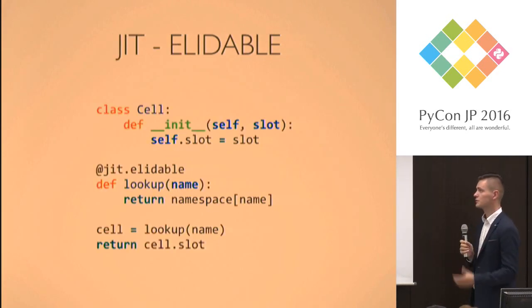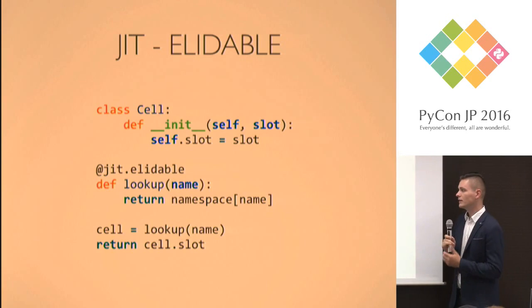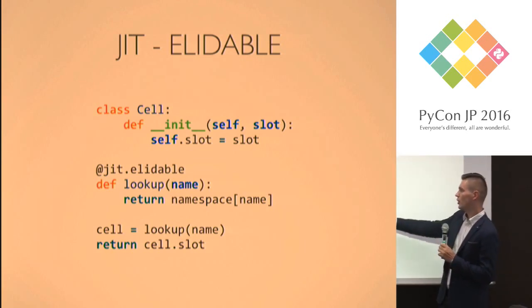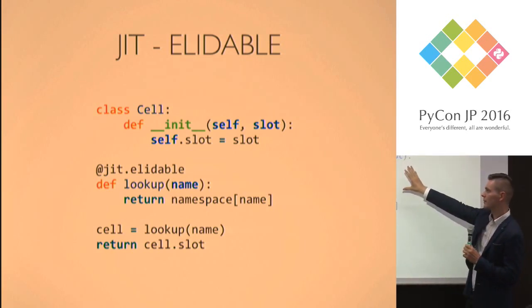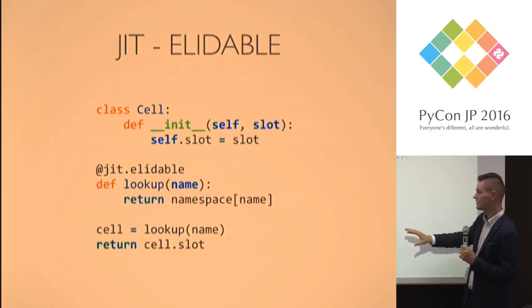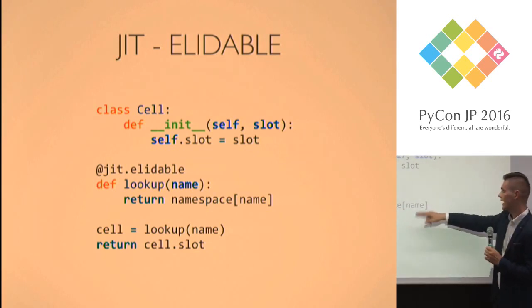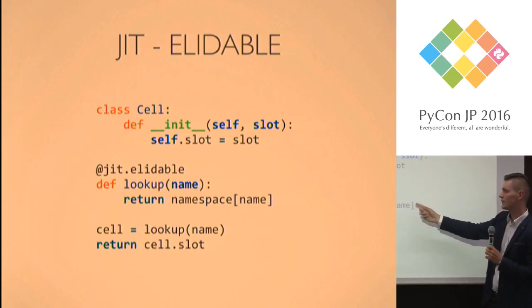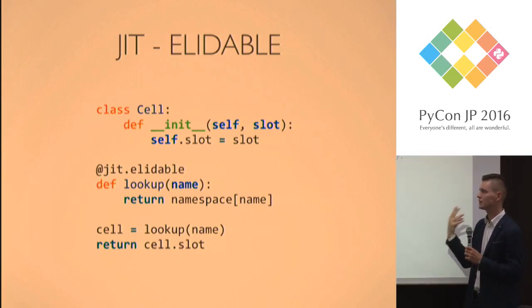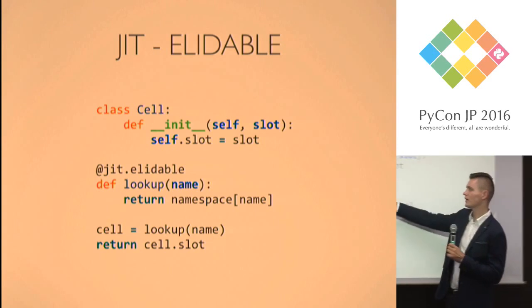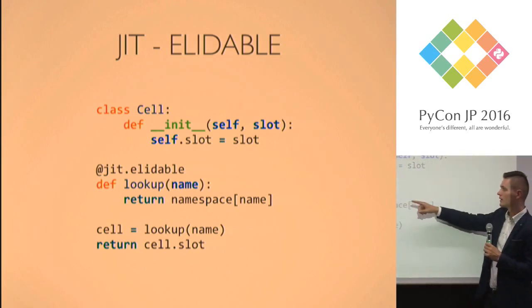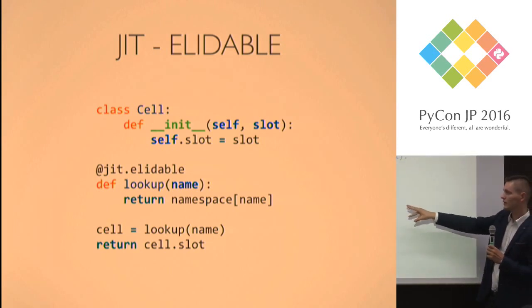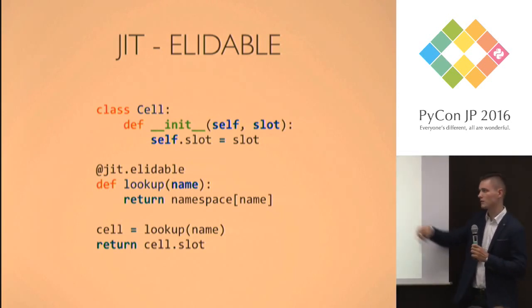Another hint you would use for JIT specifically is that, again, if you know that this class, the variables inside of it will never actually change, like in this list, anytime you're calling it with a name, the result will always be the same. So it's a deterministic function. You can actually hint it to JIT saying, hey, the moment you get a single result, this will always be the same.